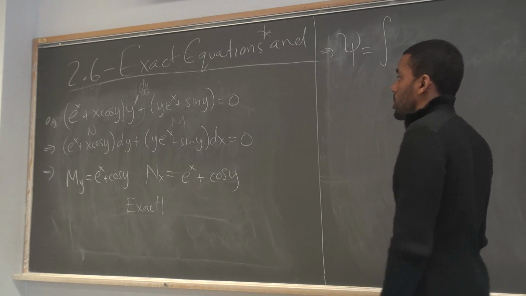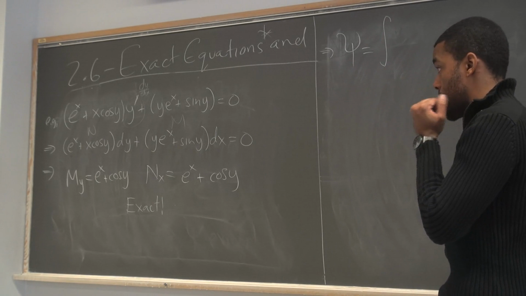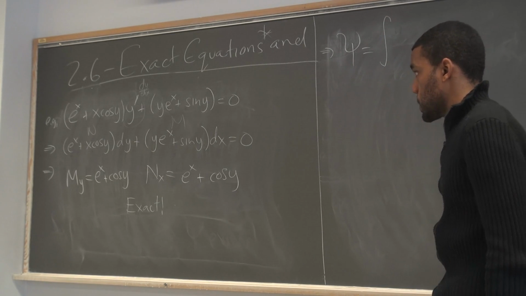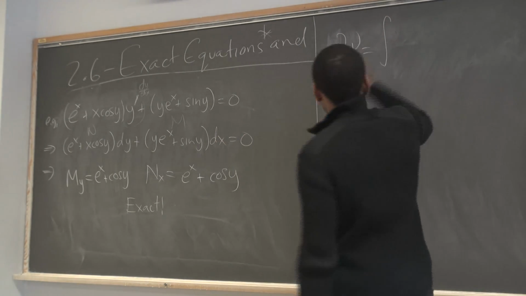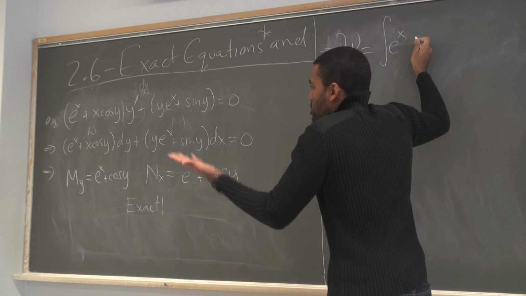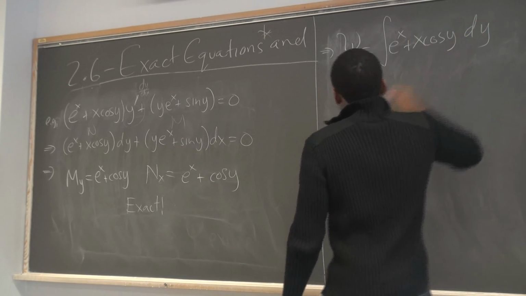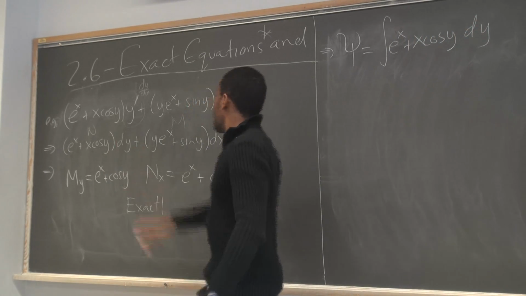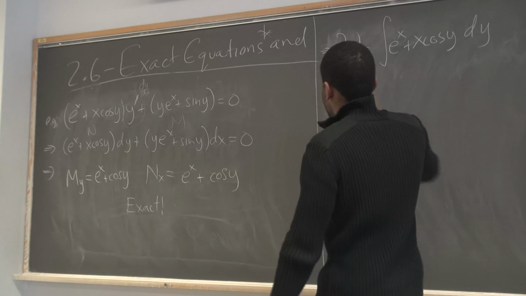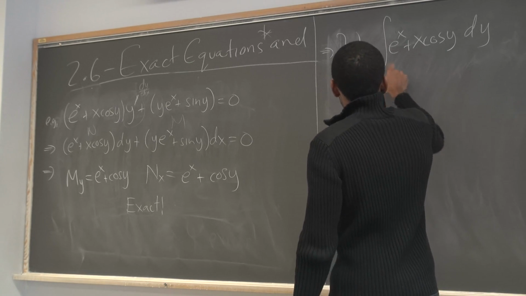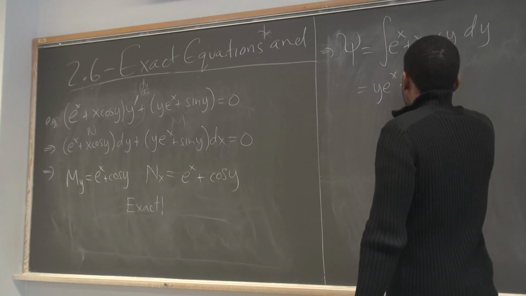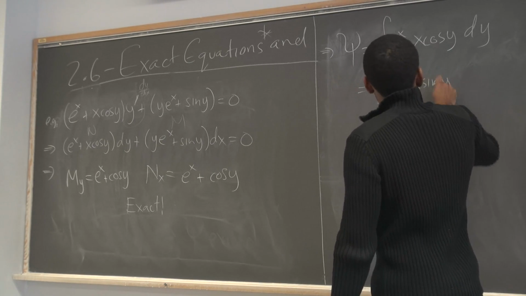Okay, which one? You want to do the first one? Yeah. It doesn't matter. You're going to have to do both anyway with the method that I'm choosing. So you have to integrate this with respect to y, because it has dy. And so this would give you what? y e to the x plus x sine y.